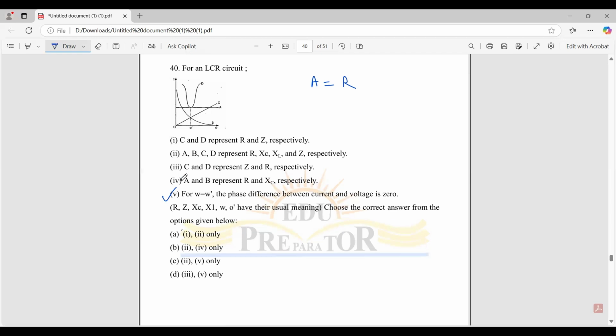Now you can see the graph. As frequency increases, there is a decrease in the value of current. So we find this as the most suitable concept and C is the correct answer for this point, right? The fifth is a very important point, which I follow.